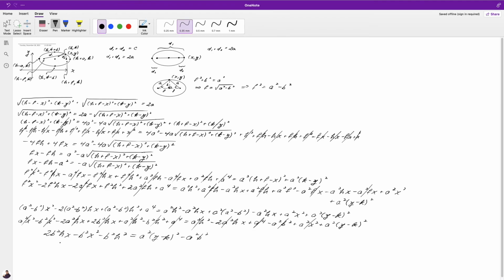Dividing everything through by a squared b squared, I'm going to get the following. We're going to have 2hx over a squared minus x squared over a squared minus h squared over a squared is equal to the quantity y minus k squared over b squared minus 1.